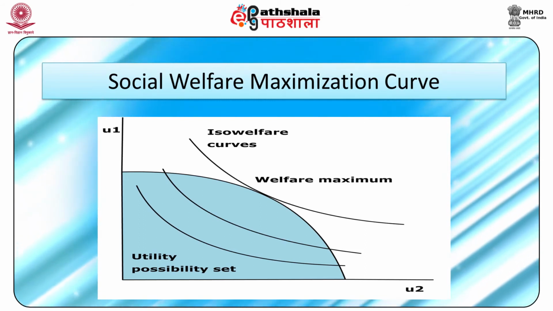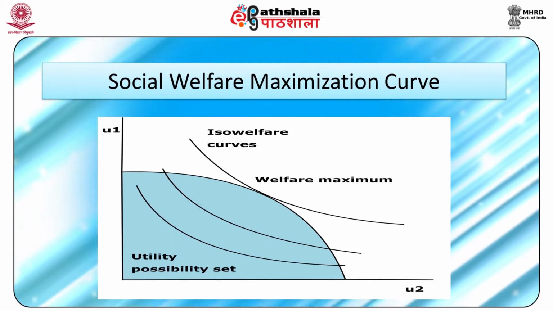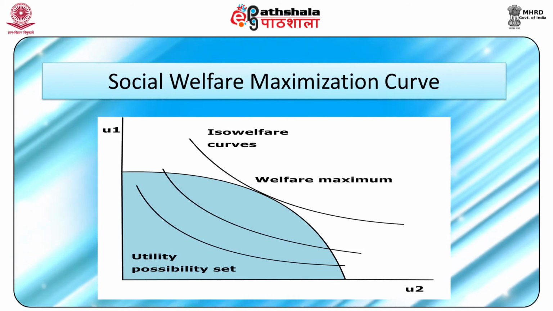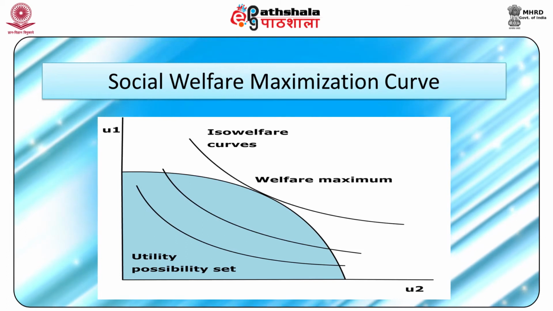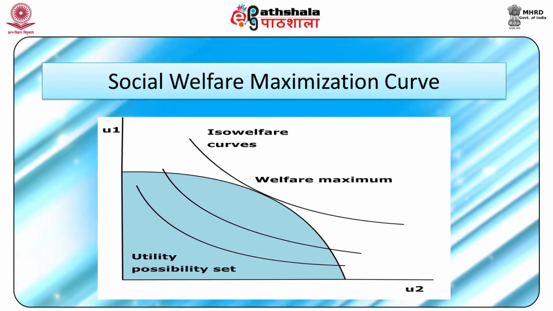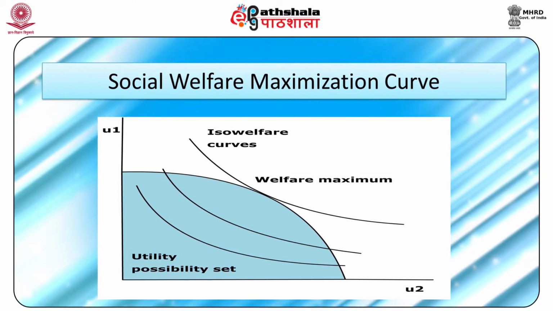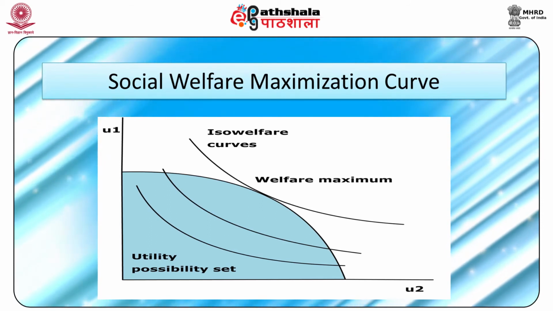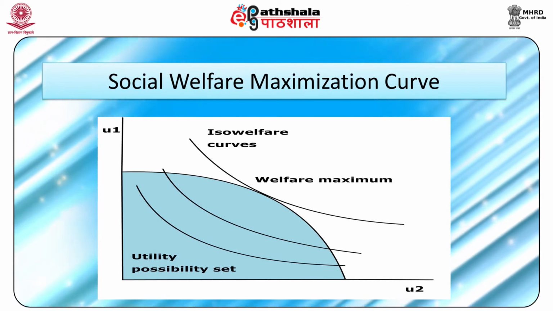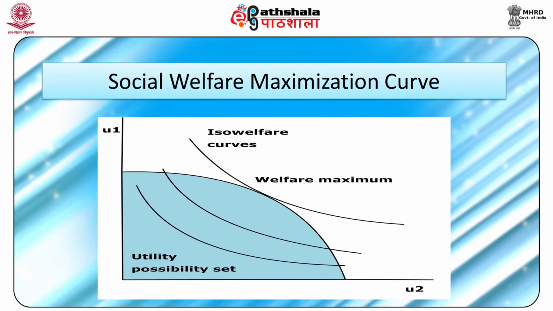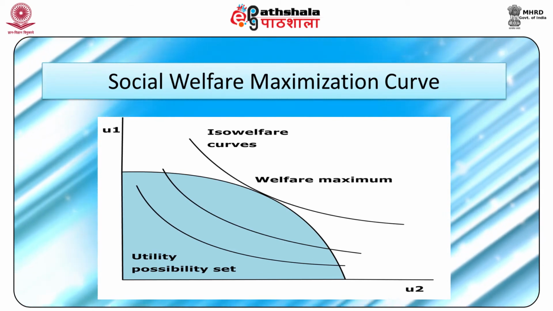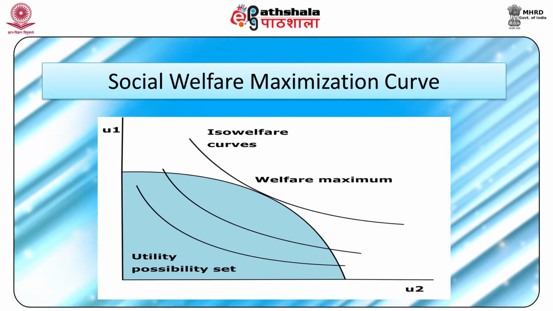The boundary of this set, the utility possibility frontier, is the set of utility levels associated with Pareto efficient allocations. If an allocation is on the boundary of the utility possibility set, then there are no other feasible allocations that yield higher utilities for both agents.